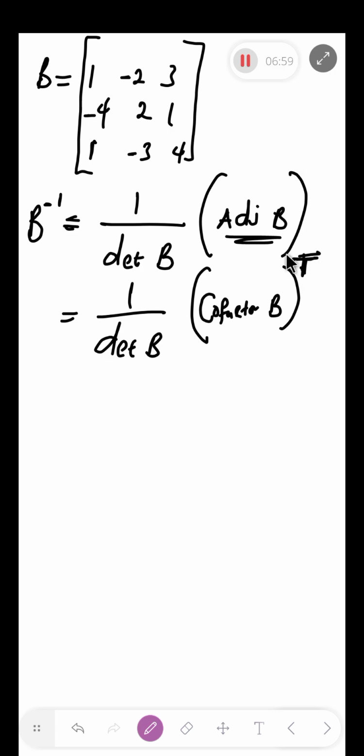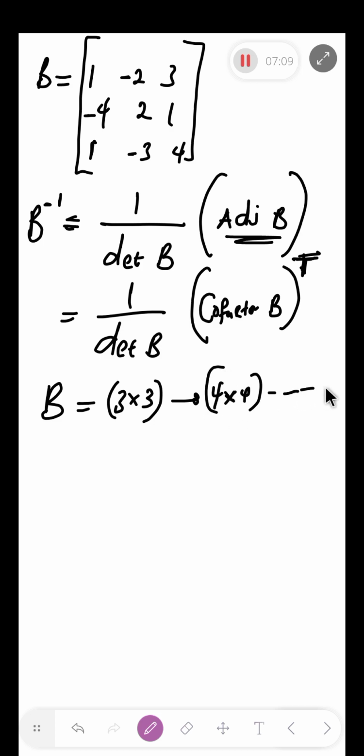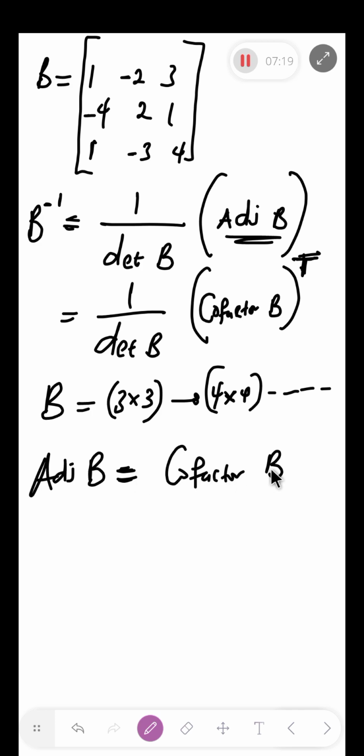That is, if B is a 3 by 3 matrix or 4 by 4 matrix and so on, then the adjoint of matrix B simply implies that you have to find the cofactor of matrix B and then take its transpose.